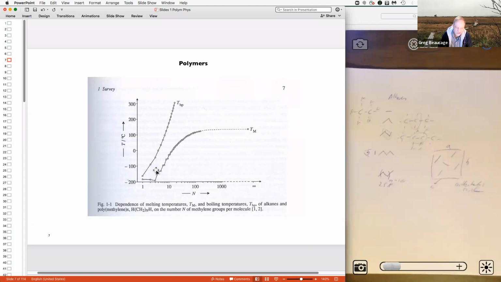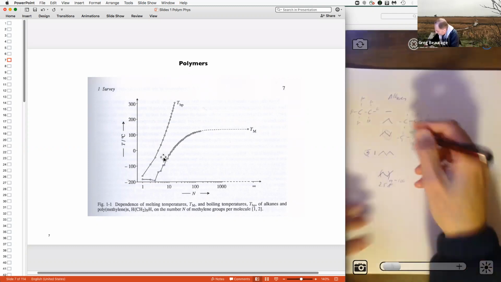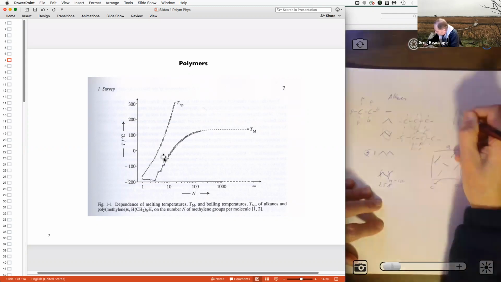Dodecane is 12, right? So anyway, it's a straight line. So the melting point is just proportional to the length. So as you add more of these monomers into it, then you get more enthalpy. The enthalpy just goes with how many, right?